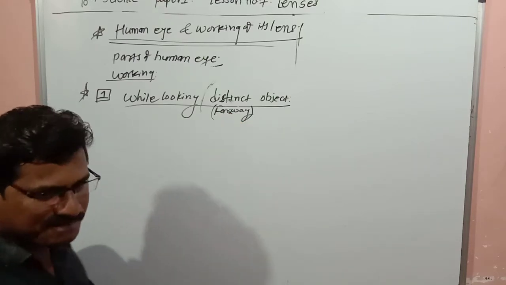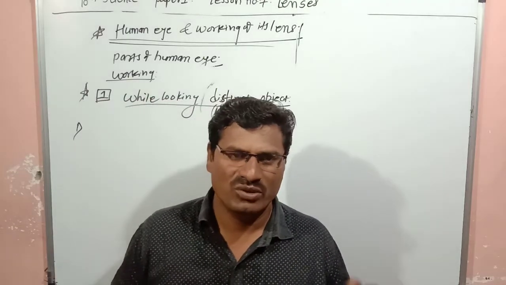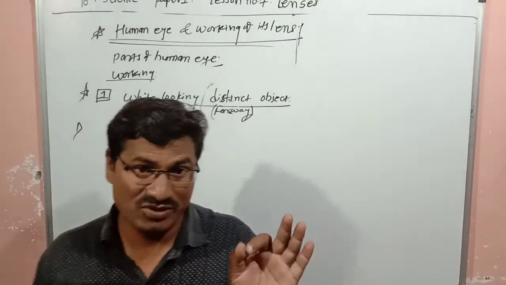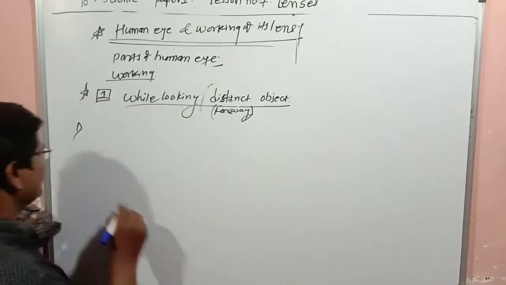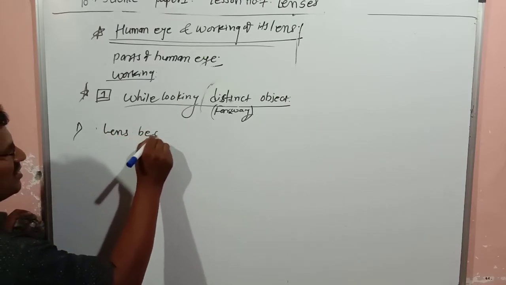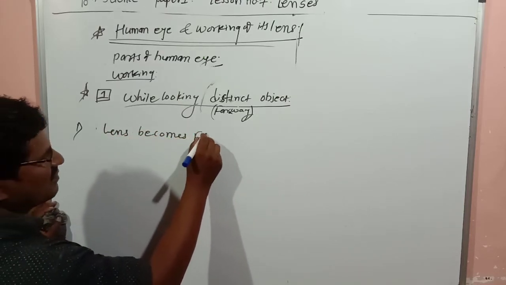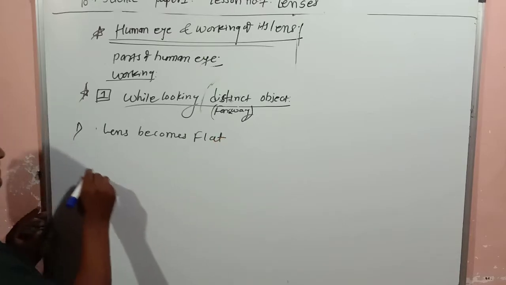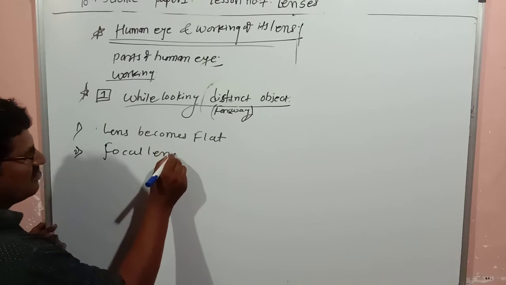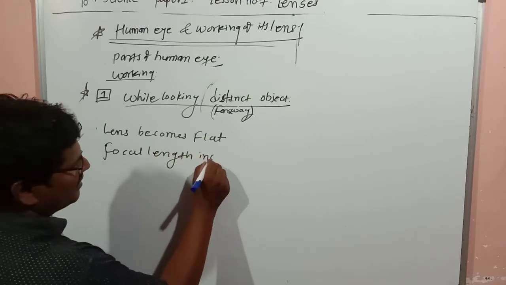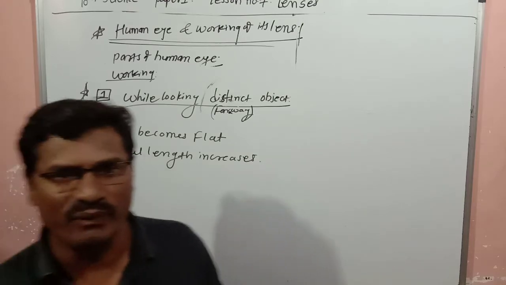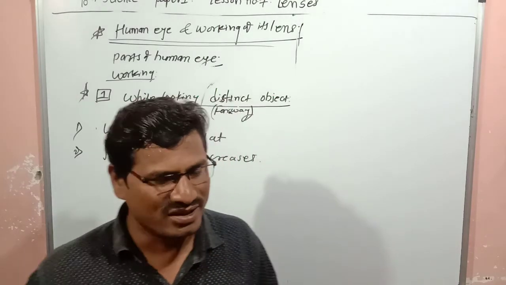First point is, while looking at far away objects which are at infinity, the first thing is the lens becomes flat. Second thing is the focal length increases. These two changes are happening when you are looking at a distinct object.